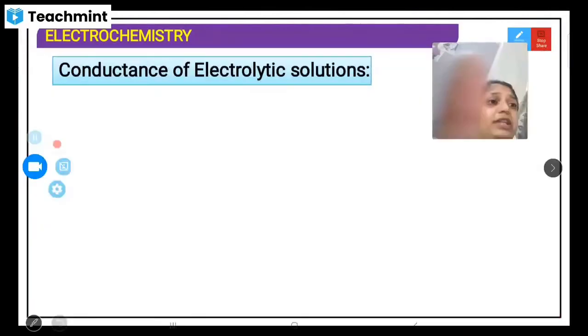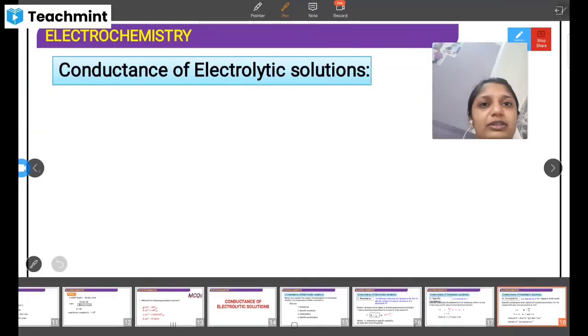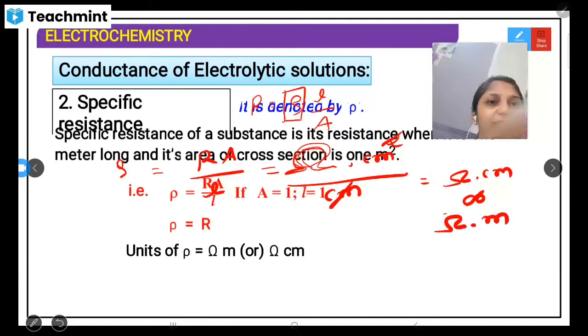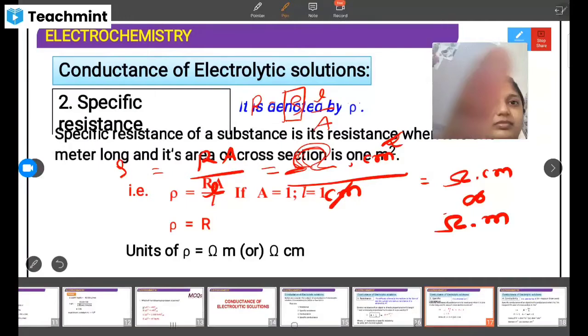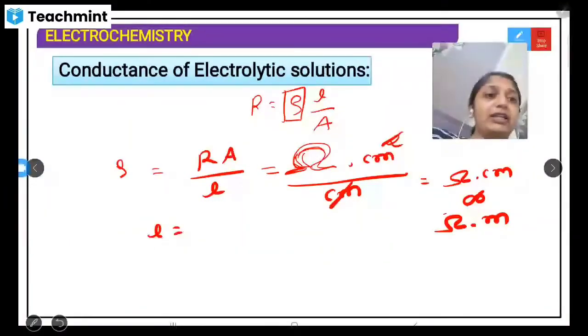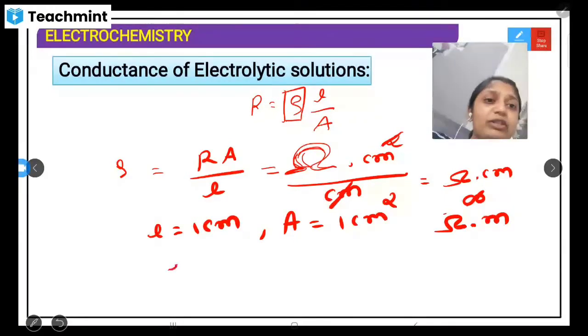Now, one thing I would like to clear. Students, if the length between these two electrodes is 1 centimeter, and the area of cross section is 1 centimeter square, in this case only your specific resistance is equal to your resistance.